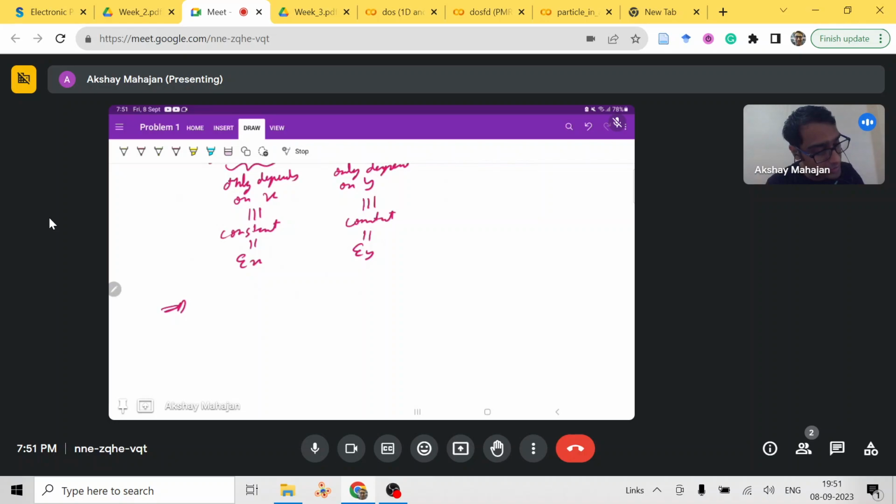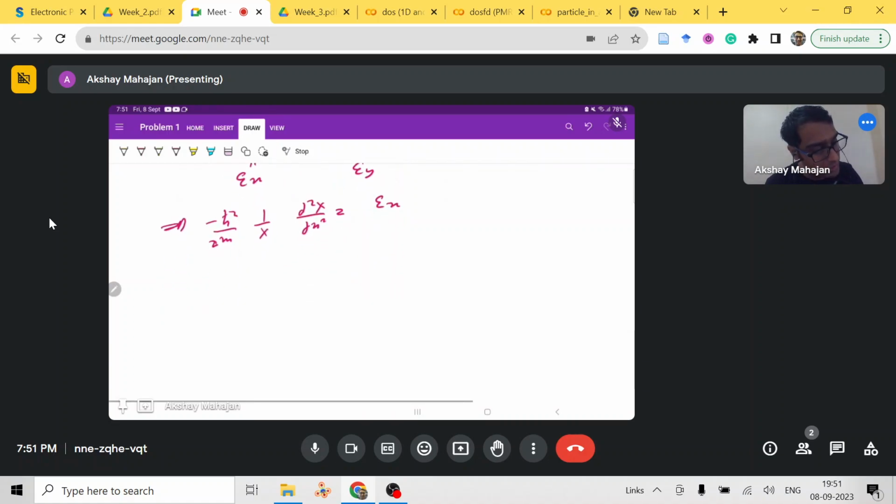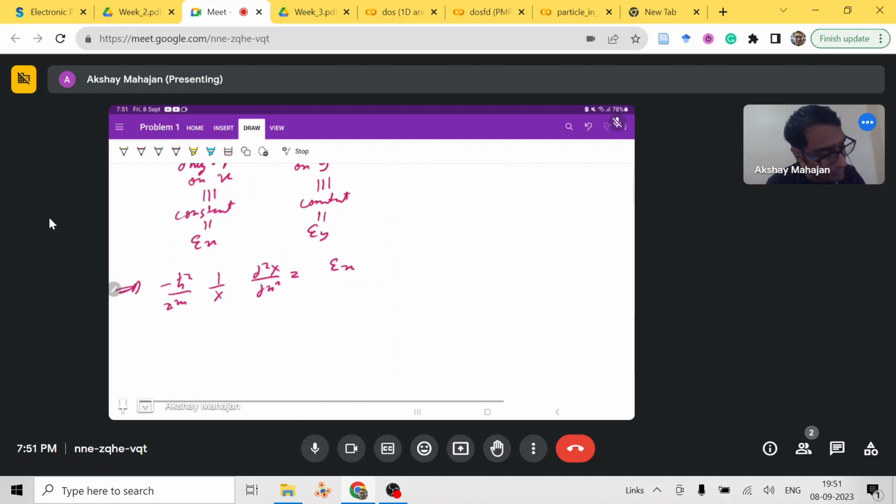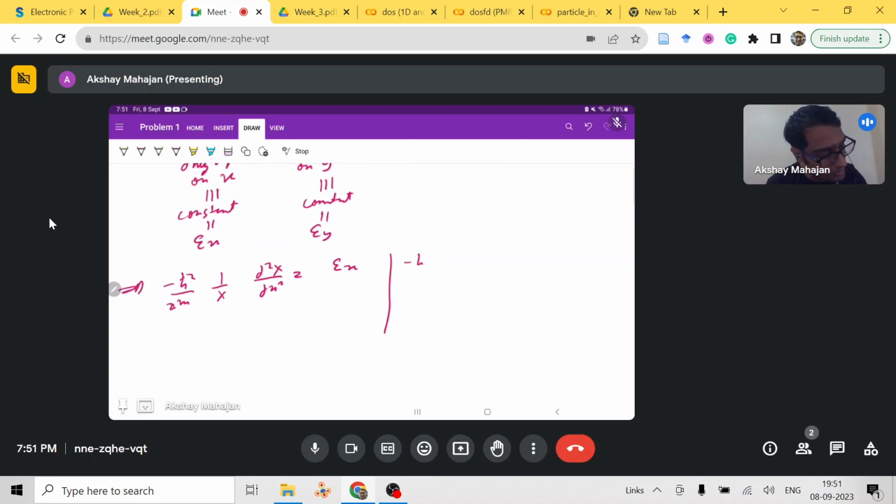So now we have minus ħ² by 2m, 1 by X, del square X by del x square equals some epsilon x, and similarly we have minus ħ² by 2m, 1 by Y, del square Y by del y square equals some epsilon y.